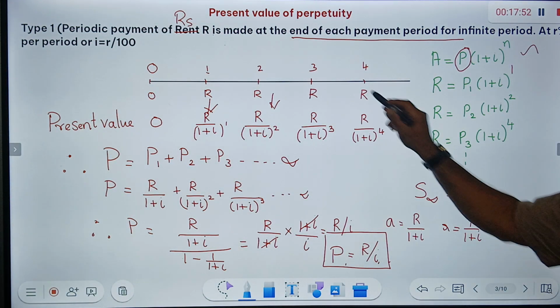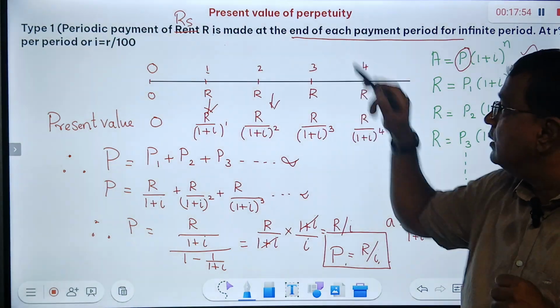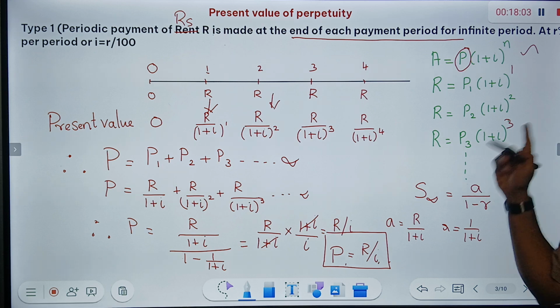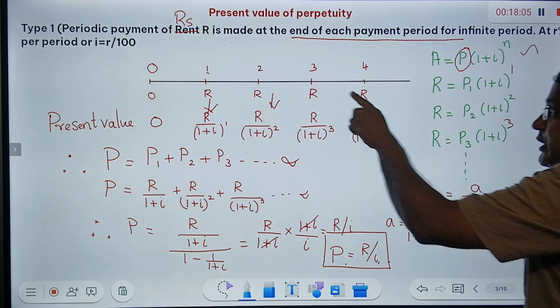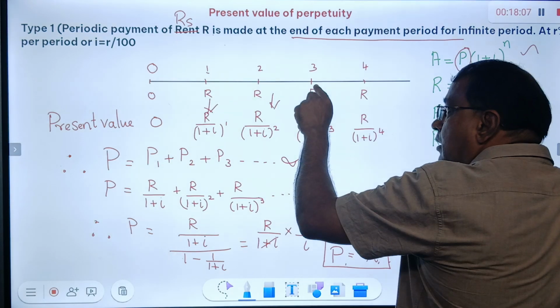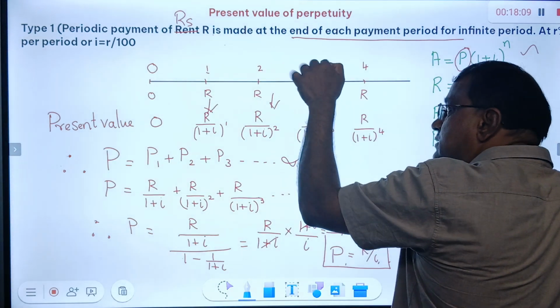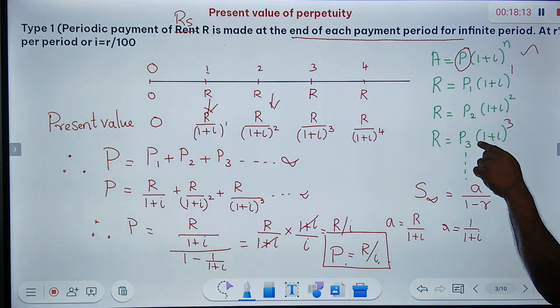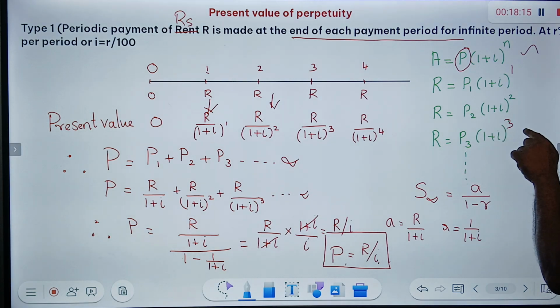Now similarly, for the third year, R equals P3 into (1 plus i) the whole cube. There's a mistake here: (1 plus i) the whole cube. Why? R does not change. R will remain the same. What is the present value of this R at the end of the third period? So P3 is the present value, P3 into (1 plus i) the whole cube.